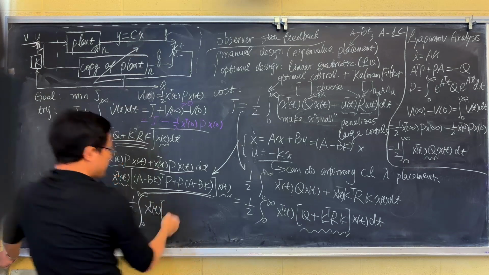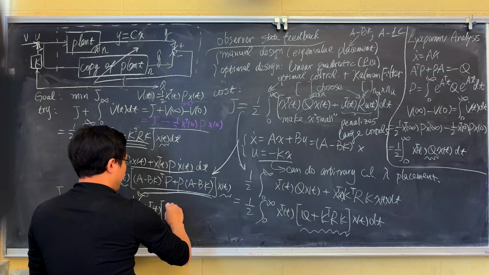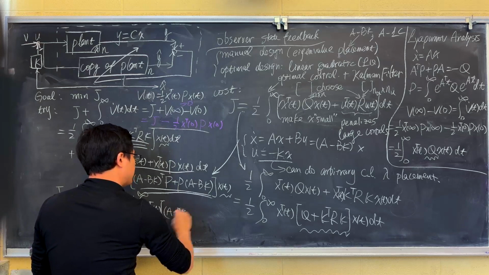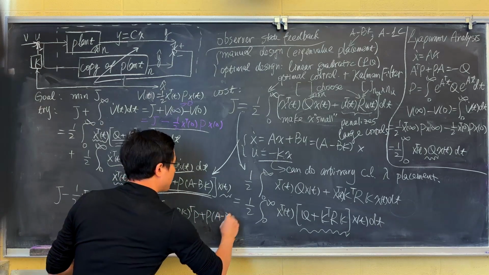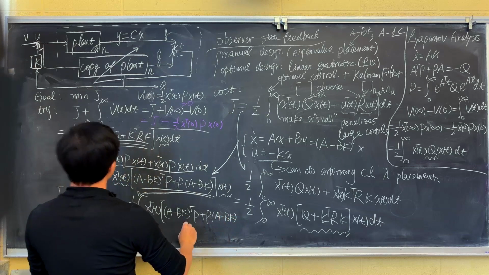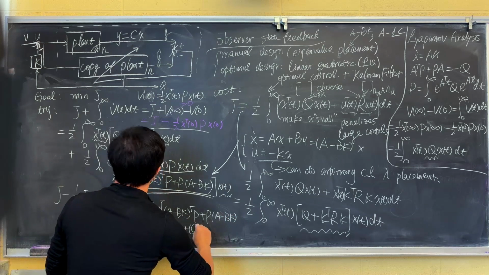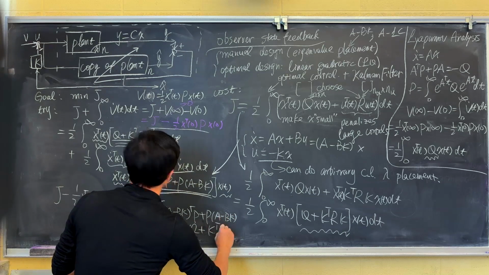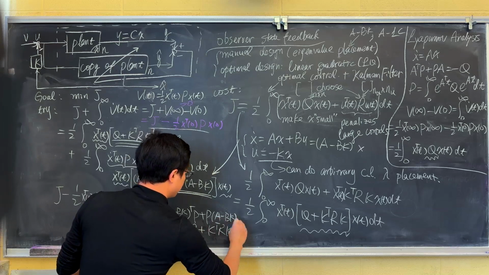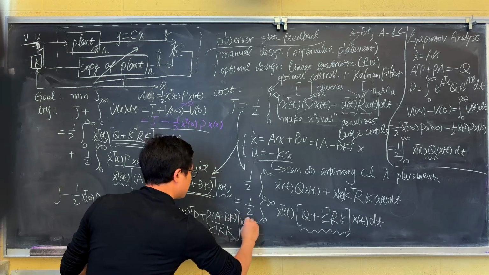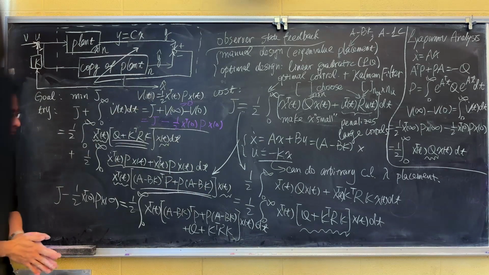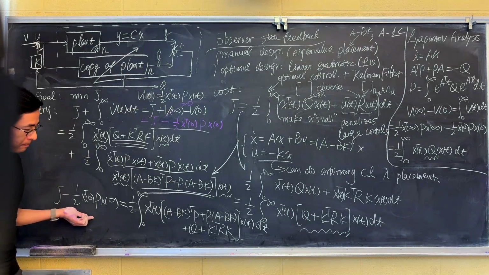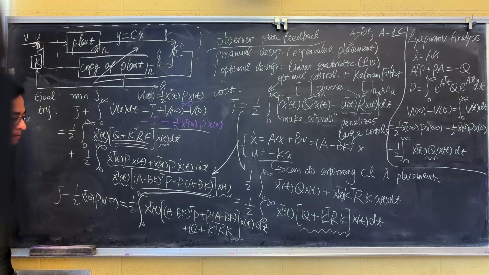And then inside is A minus BK transpose P, plus P A minus BK, and then plus Q plus K transpose R K. This is what we have mathematically.